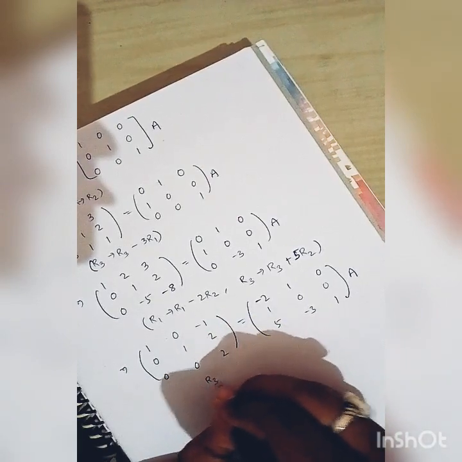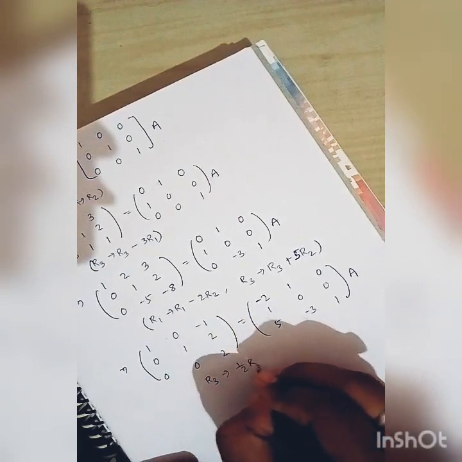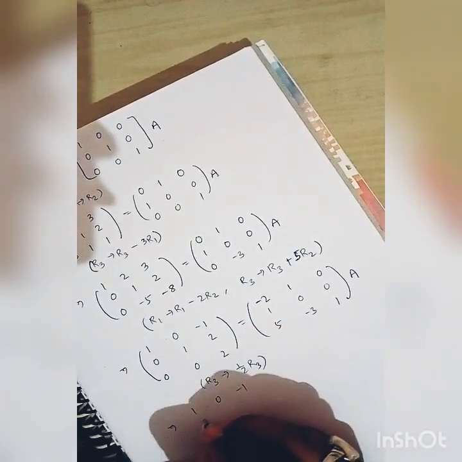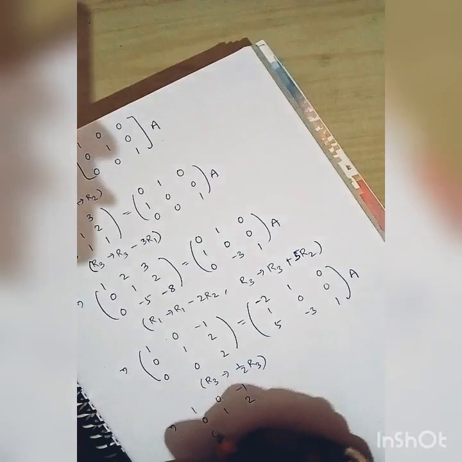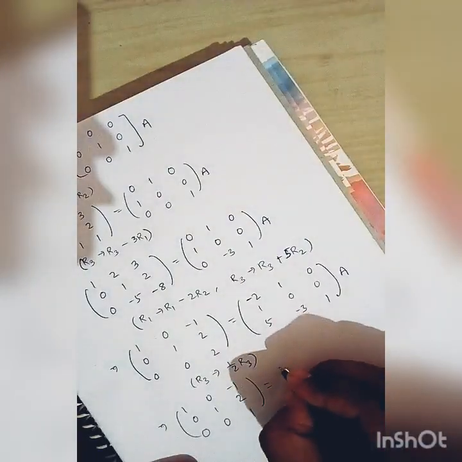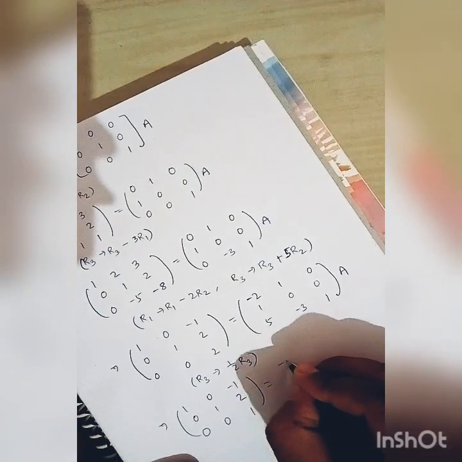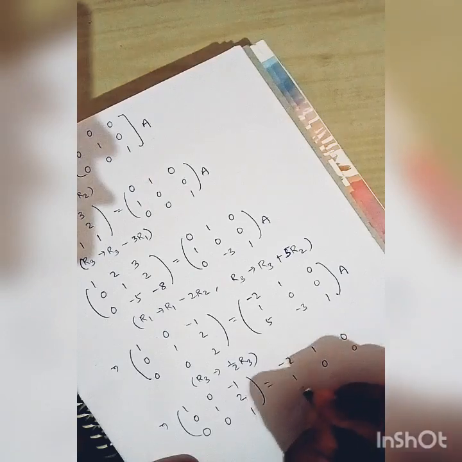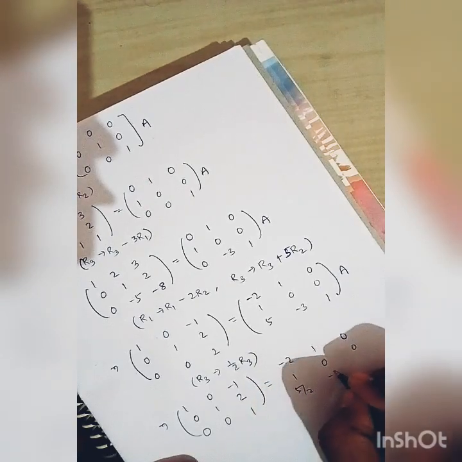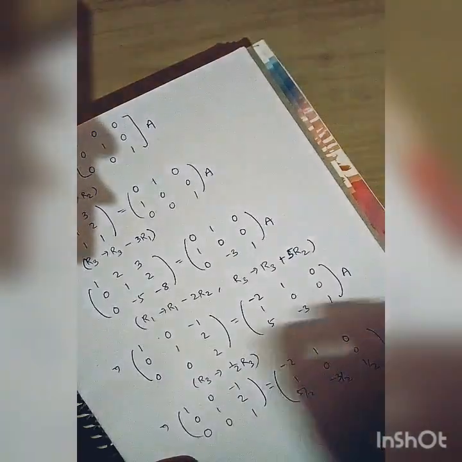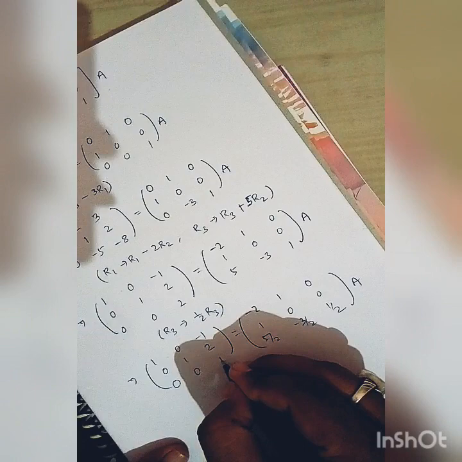So row 3 is replaced by 1 by 2 row 3, which gives 1 0 minus 1, 0 1 2, 0 0 1. On the right side: minus 2, 1, 0, 1, 0, 0, 5 by 2, minus 3 by 2, 1 by 2, into A.